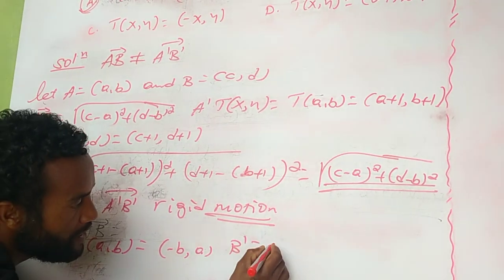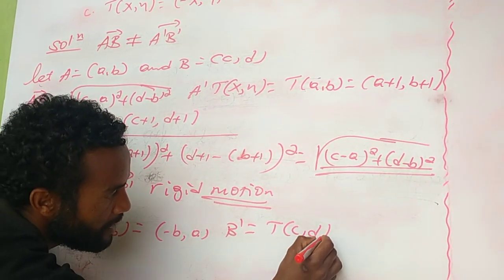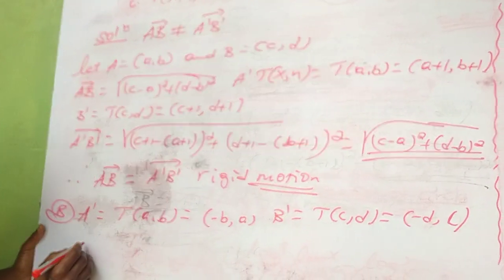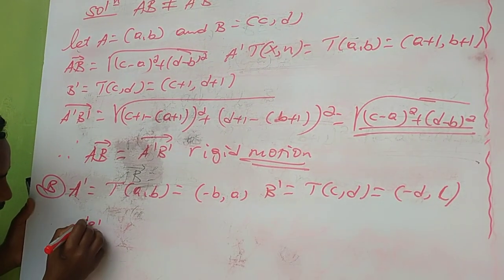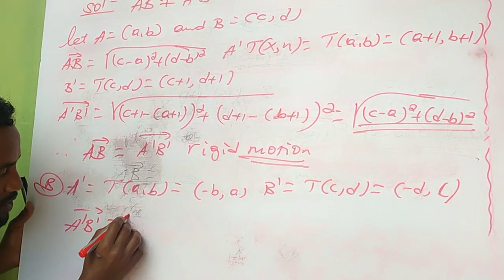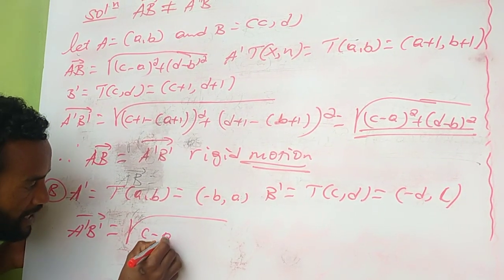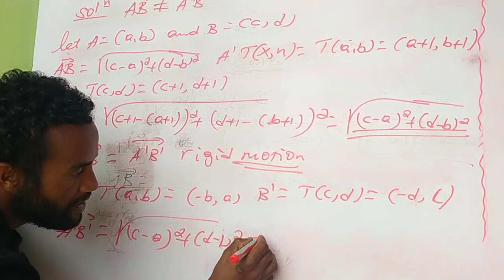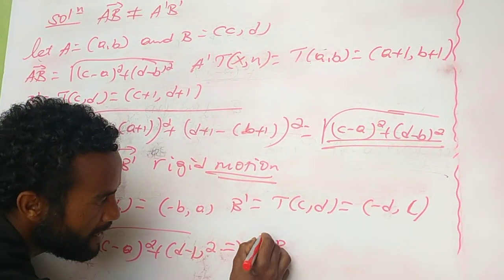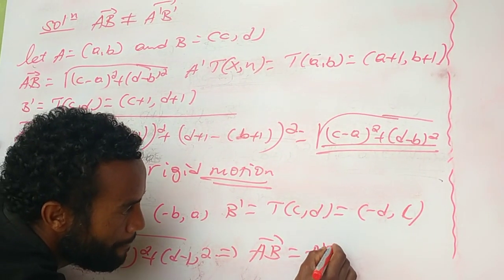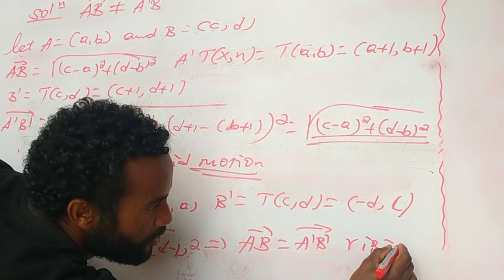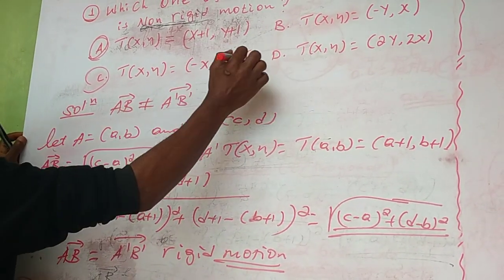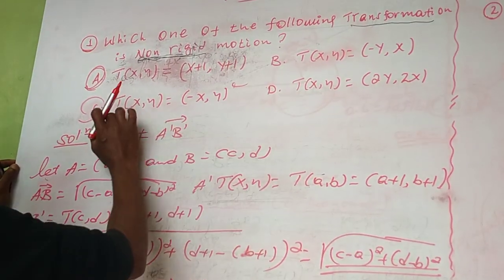B prime, the transformation of (c, d), is (negative d, c). Therefore the distance A prime B prime is the square root of (c minus a) the whole square plus (d minus b) the whole square. So AB equals A prime B prime, and it is known as rigid motion also. C is also rigid motion, the same as B.